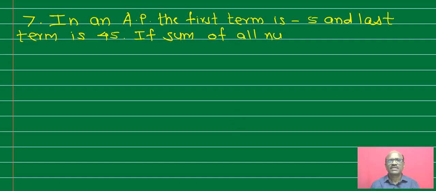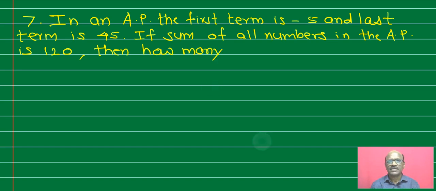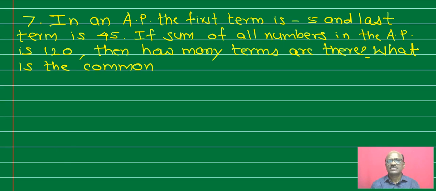If sum of all numbers in the AP is 120, then how many terms are there, what is the common difference?